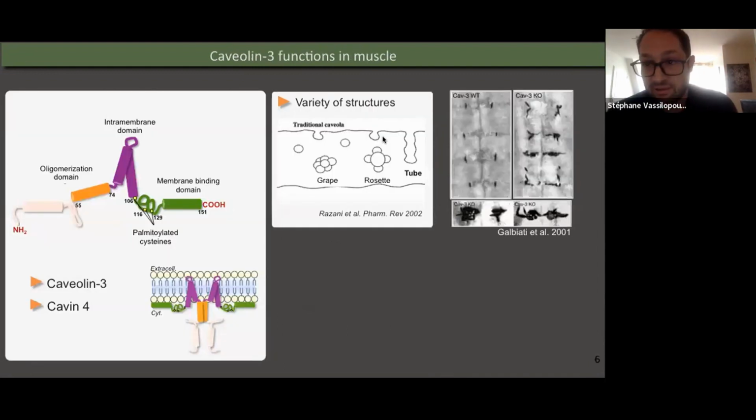The caveolins are integral membrane components of these caveolae. There is a specific isoform of caveolin in muscle, caveolin 3, which is expressed in skeletal muscle and heart muscle, and it has been shown that caveolin 3 knockout mice present defects in the formation of the T-tubules.